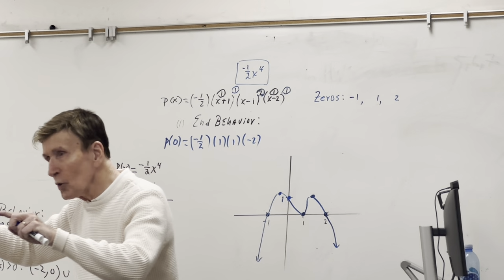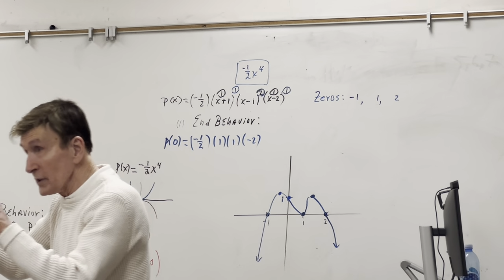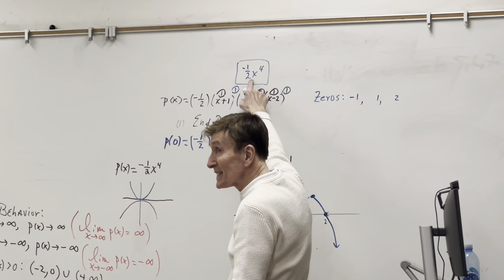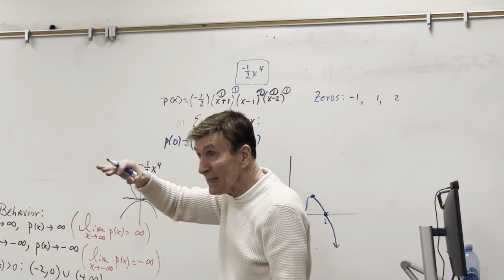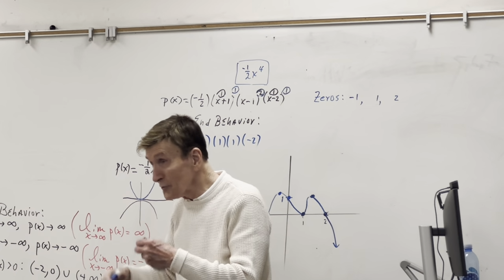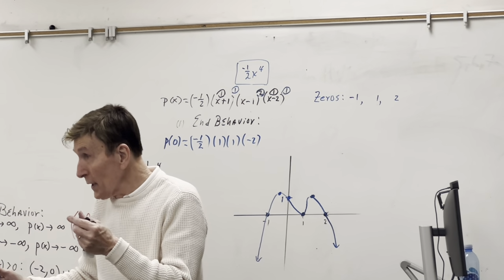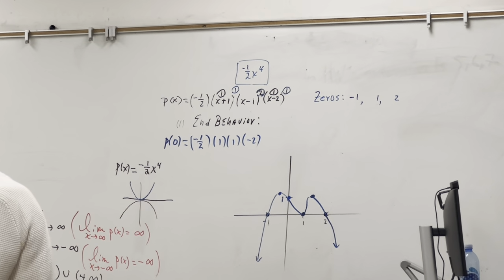In this case, 2 local max and 1 local min, yes or no? Now the rule is, usually, not always, you take the degree, the highest exponent, and subtract 1 from it. That may tell you how many to expect. So 4 minus 1, they call it n minus 1, gives me 3, so expect 3 extreme points. In my case, 2 local max and 1 local min.